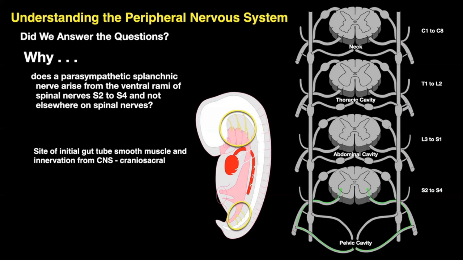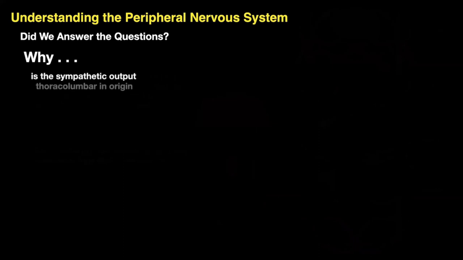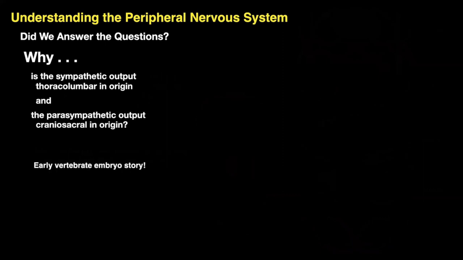Okay, that's that output to that end of the gut tube. Why is the sympathetic output thoracolumbar in origin and the parasympathetic output craniosacral? And again, that's an early vertebrate embryo story that we just saw.